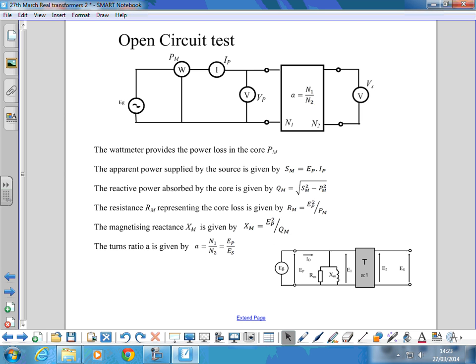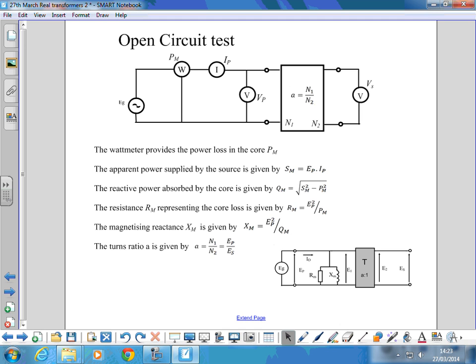We can get the apparent power from the measured primary currents and voltages, multiplying them together. We can then calculate from that the reactive power absorbed by the core, because we can use Pythagoras with the calculated apparent power and the measured real power from the wattmeter.